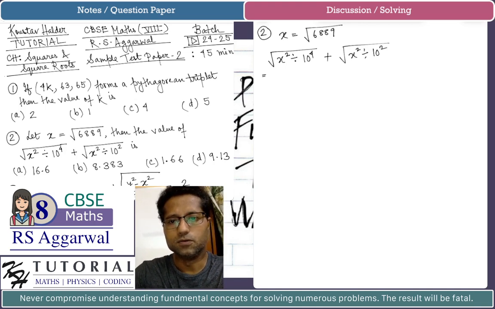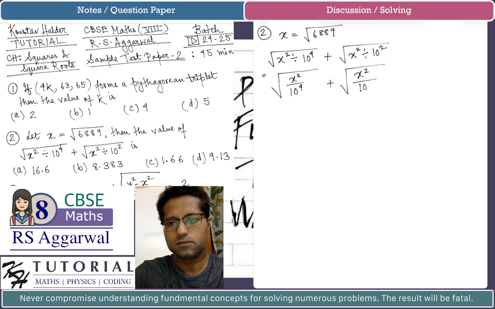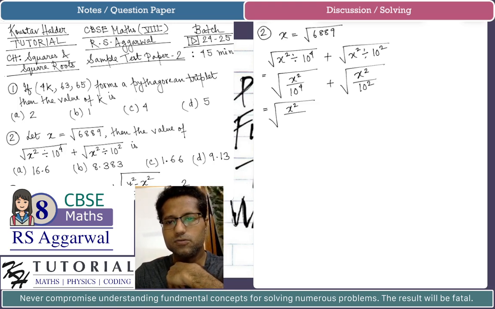Now x square by 10 to the power 4, we can write as 10 square whole to the power square, and x square by 10 square can be written as x by 10 whole square.